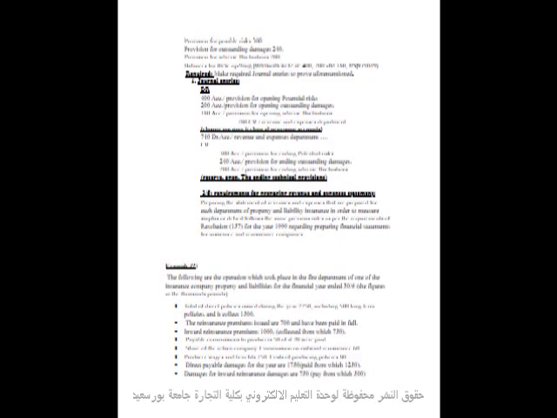Let's start with the closing of the opening technical provision. As we mentioned before, the opening technical provision is considered a revenue, so when it is closed, it should be recorded on the debit side. So we have debit: provision for opening potential risk 400, provision for opening outstanding claims or damages 200, provision for opening adverse fluctuation 180.